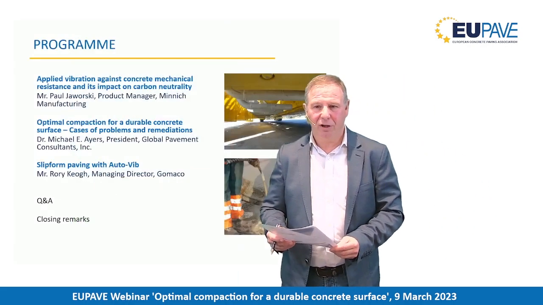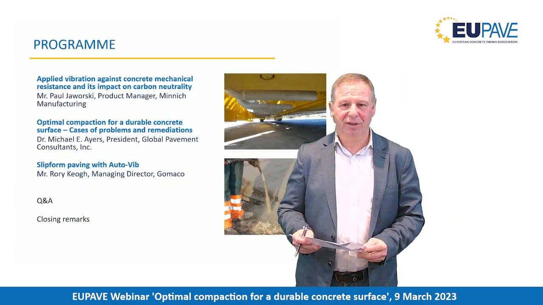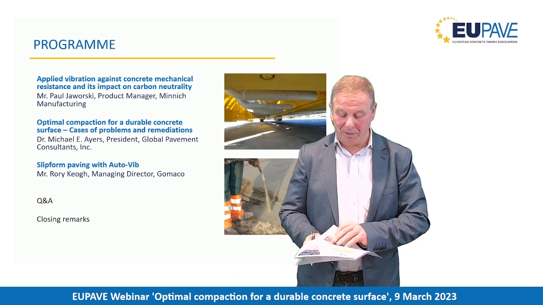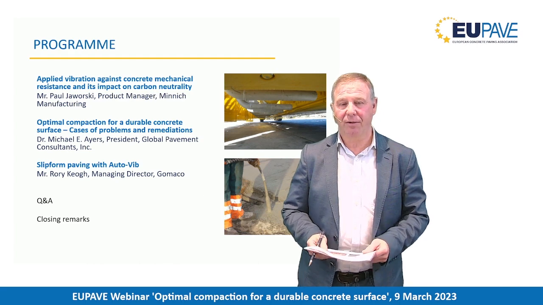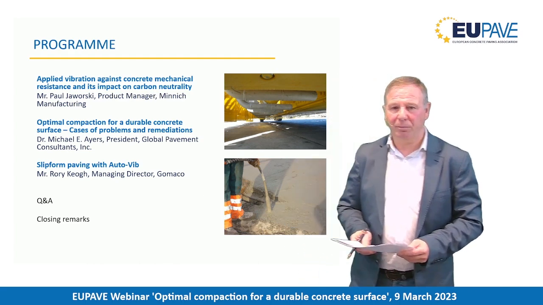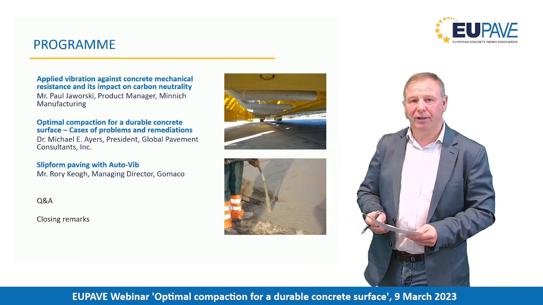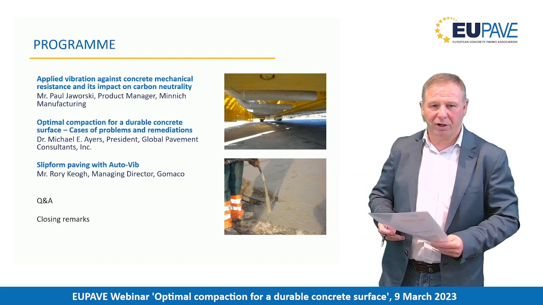I believe we can come to the closing remarks of this webinar, Optimal Compaction for a Durable Concrete Surface. I think we learned about the importance of the compaction of a concrete pavement.